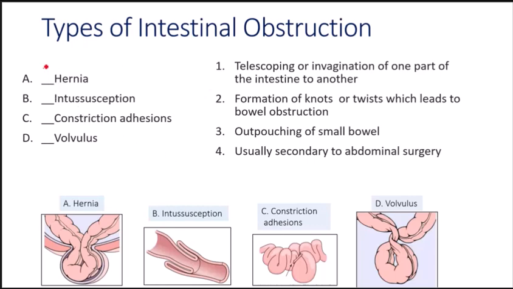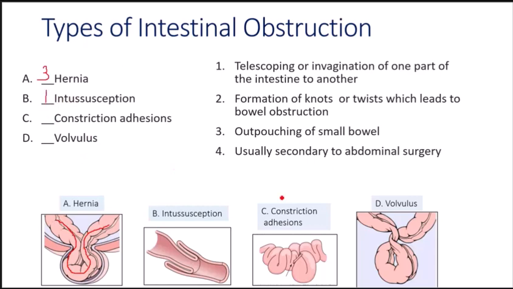A hernia is an outpouching of the small bowel or the small intestine where it moves from where it's supposed to be. So it could be under higher pressure, moving out into an area where it's under lower pressure. And as you can see here, this would inevitably cause an obstruction because food is going to have a more difficult time moving through.